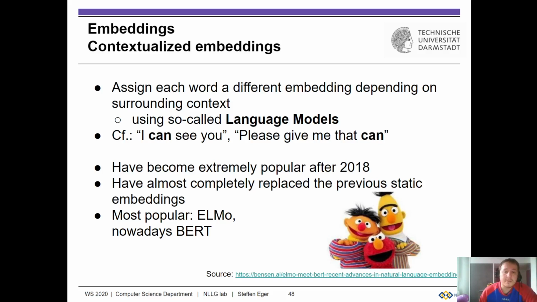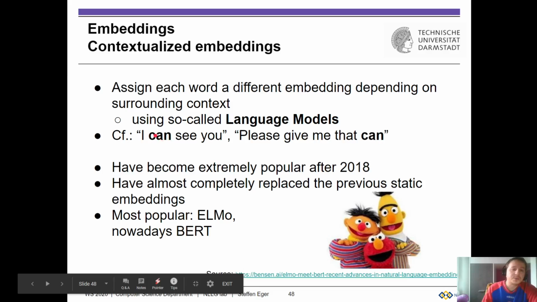So those static embeddings assigned each word a vector, but you know that the meaning of words can vary depending on their context. So in different contexts, words may have different semantics, as you see by illustration of the word can here.